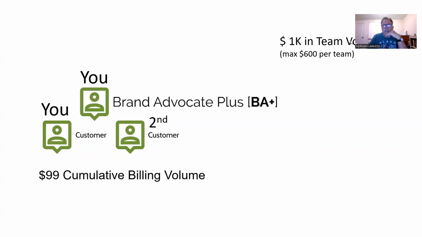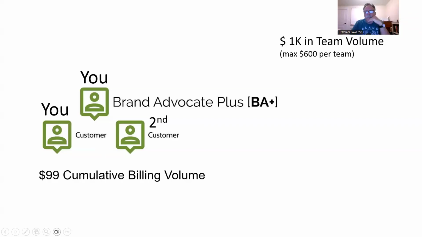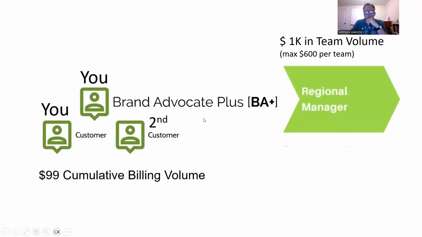Now, once you have 1,000 in volume, $600 max per leg. Now, based on what the company has just given us this month, they gave us a new bonus of $200 if you have 1,000 in team volume and you become a regional manager.